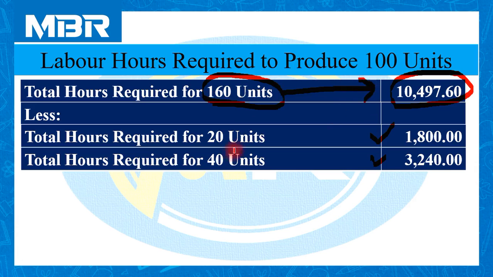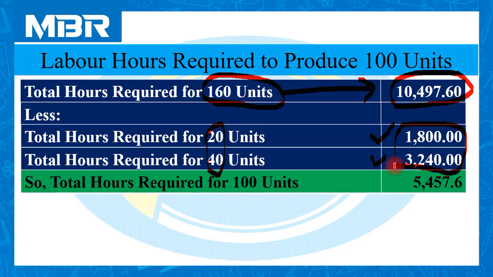Total time required for 60 units, so that is 20 plus 40 is equal to 60, is 1,800 plus 3,240, so 5,040. And the difference is defined as total hours required for 100 units.